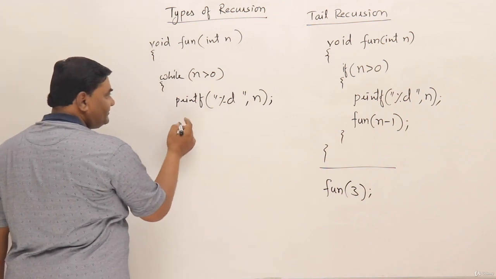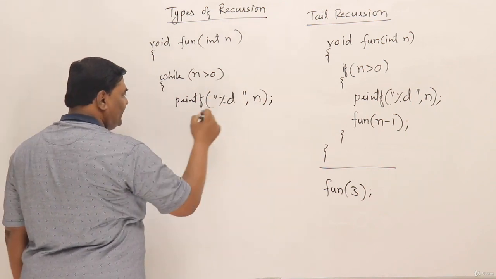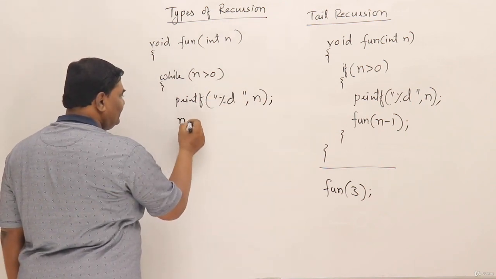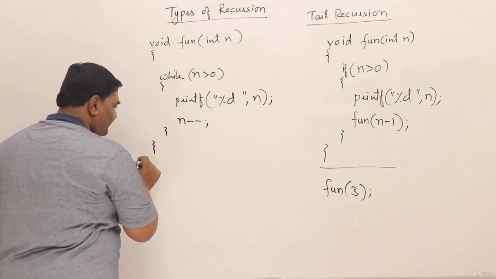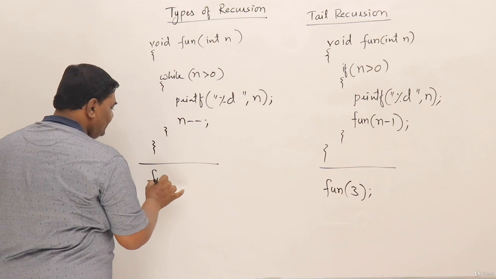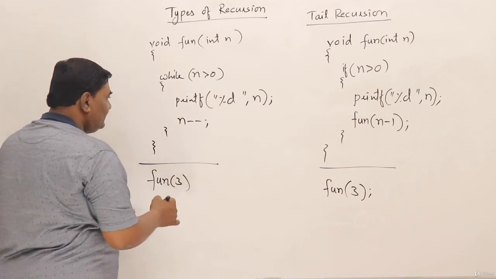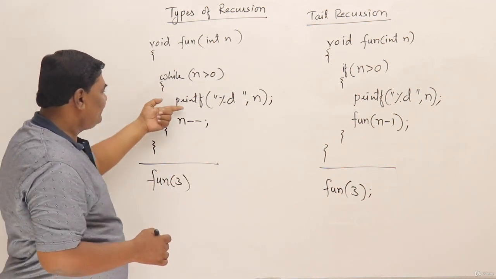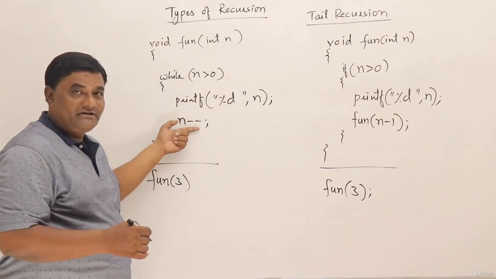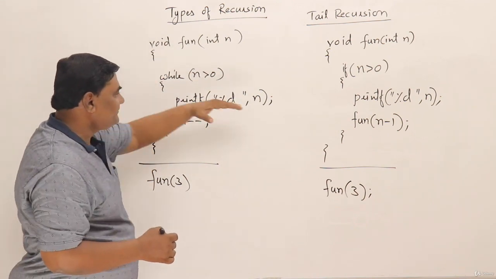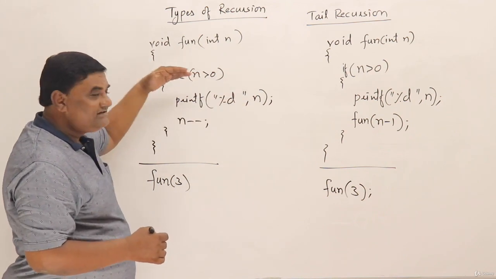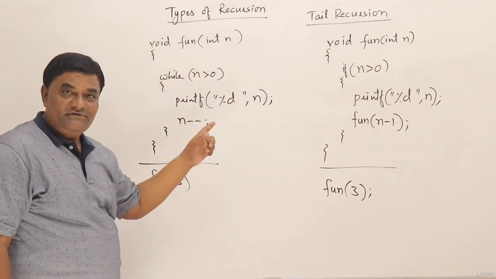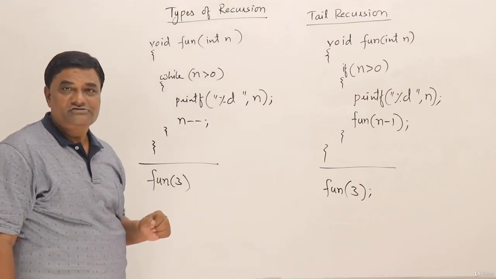Then instead of calling the function again with a reduced value of n, let us do n minus minus. That's it. If I call this function by passing value 3, then 3 will be passed here, it will first print 3, then it will make it 2, and repeat. So print 2, then repeat, print 1, then repeat, it is 0, so it will stop. So this will work the same as that recursion.